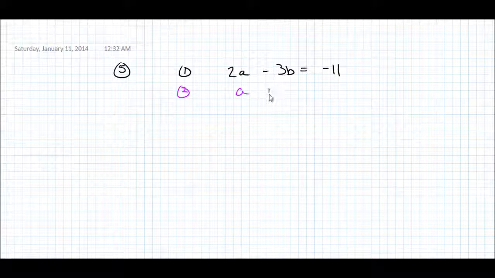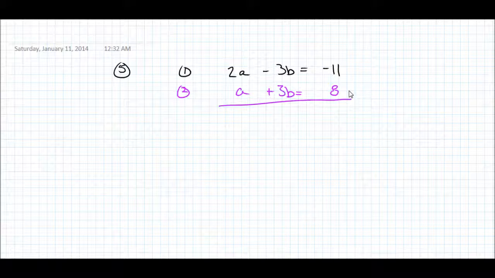Okay, number 5. We have the first equation says 2a minus 3b equals negative 11. Our second equation we have is a plus 3b equals 8.